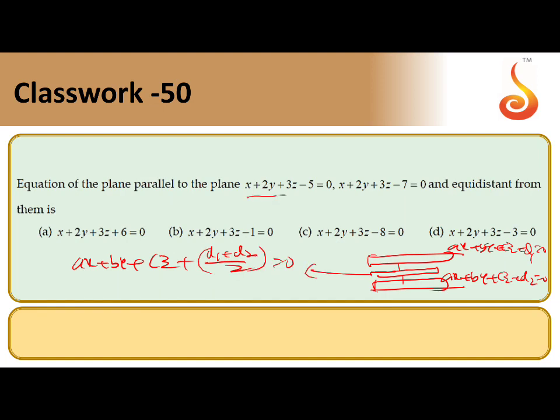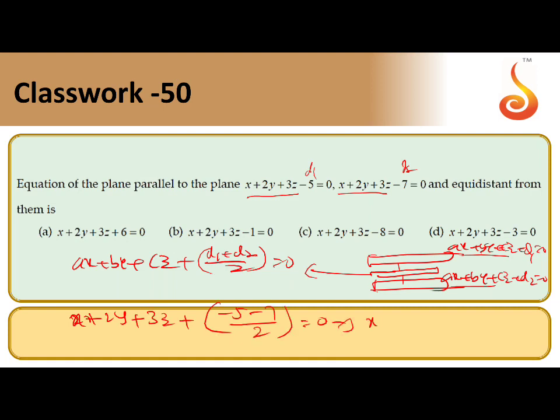So observe this one: x plus 2y plus 3z, x plus 2y plus 3z. They are parallel planes. So d1 is minus 5, d2 is minus 7. That means the first three terms remain the same in the required plane: x plus 2y plus 3z plus (d1 plus d2) by 2, that is minus 5 minus 7 by 2.